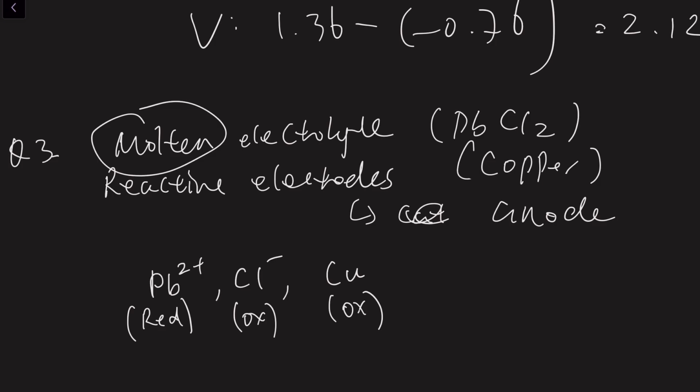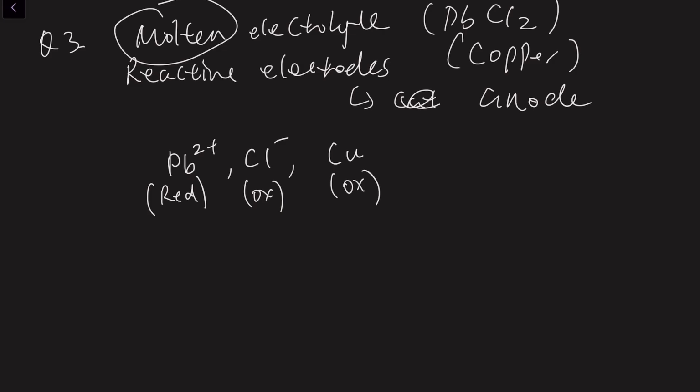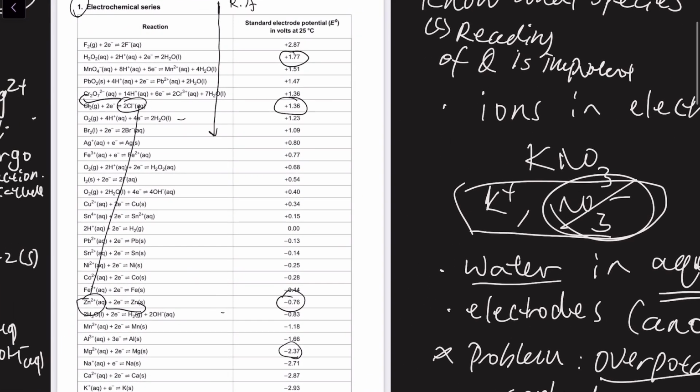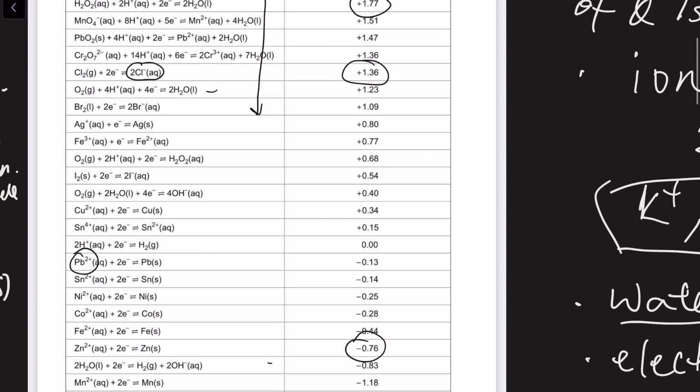Now let's go back to the electrochemical series to predict which reaction would occur. So maybe let's clear this up a little bit. We have lead ion, we also have chloride ion, and we also have copper. Which two species are the closest? It is the lead ion and copper.